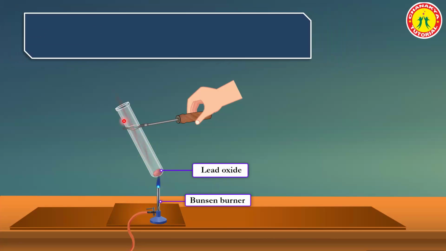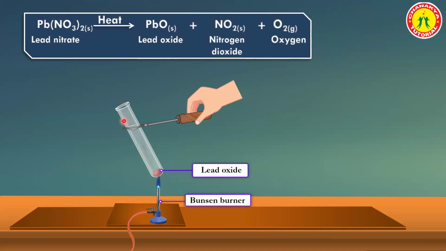So in this decomposition reaction, lead nitrate was heated and it decomposed into lead oxide plus NO2 plus oxygen. So these brown fumes were due to nitrogen dioxide gas. Lead oxide has formed, and NO2 plus O2. So these are the products formed on decomposition of lead nitrate in presence of heat.